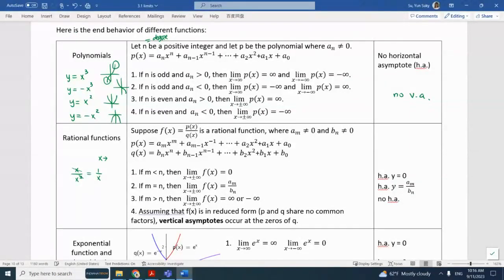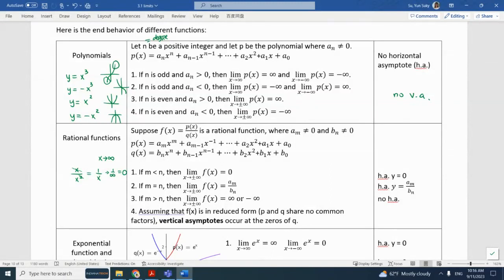And when x goes to infinity, 1 over infinity is 0. Right, everybody? 1 over infinity is 0. 1 over minus infinity is also 0. 1 over 0 plus is positive infinity. 1 over 0 minus is minus infinity.